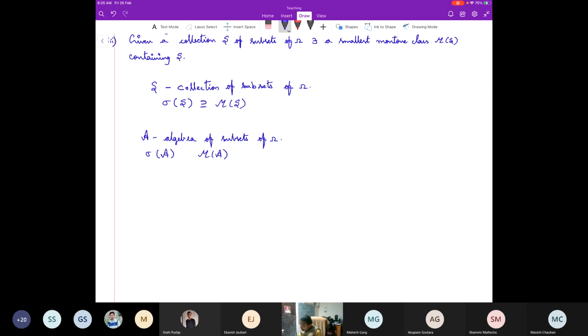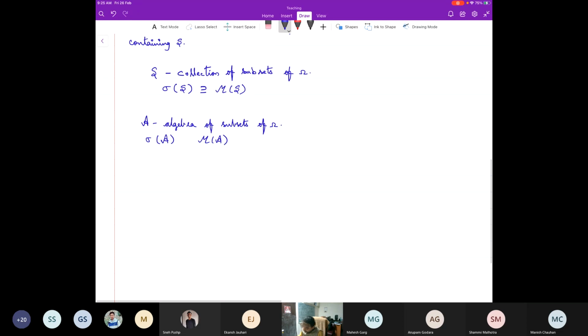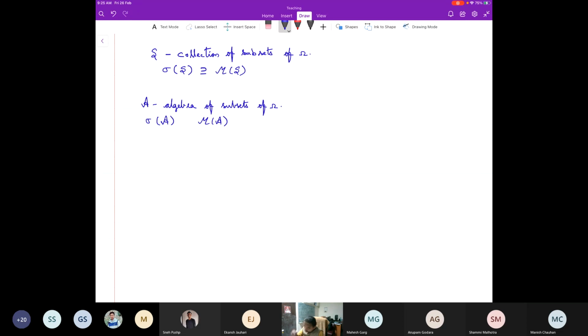Because M of S, in general, need not be an algebra. So the next result gives a relation between M of A and sigma of A whenever A is an algebra. This is what is known as the monotone class lemma.